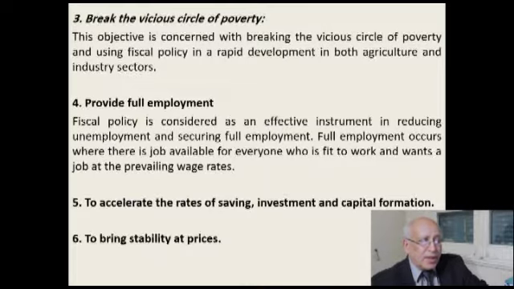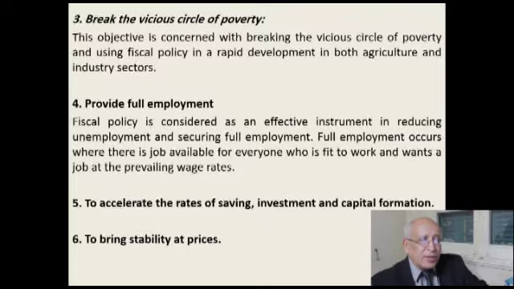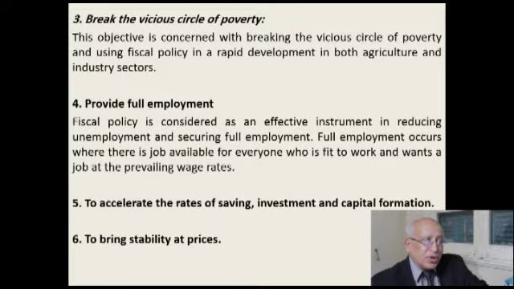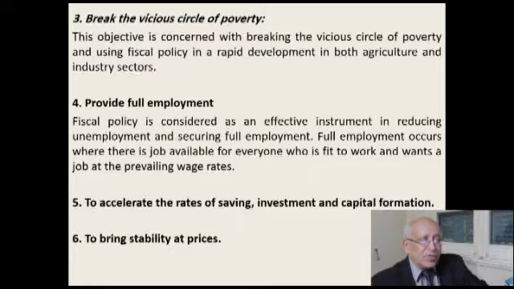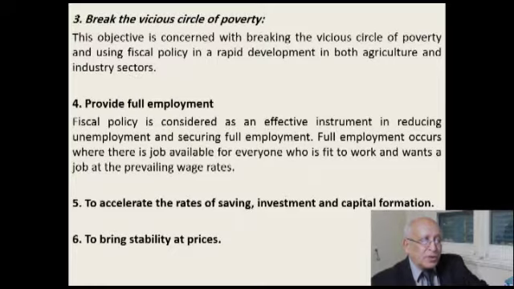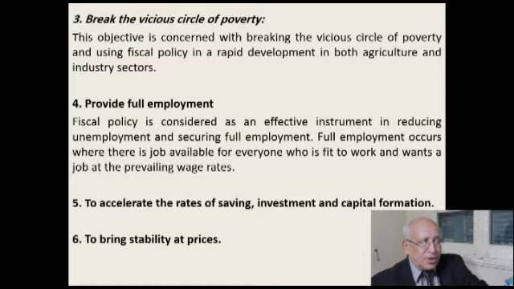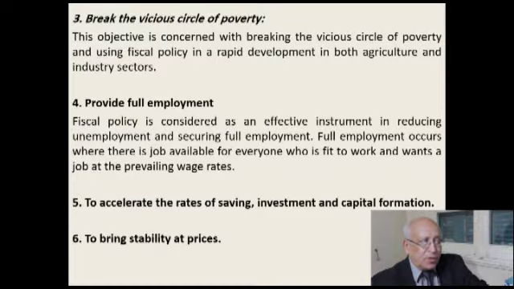Tax policy can reduce poverty through exemptions and progressive tax systems, and expenditure policy can reduce poverty by what is called subsidies payments. Objective 4, which is provide for employment.